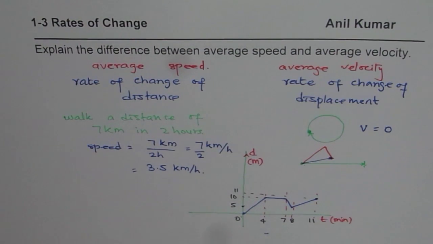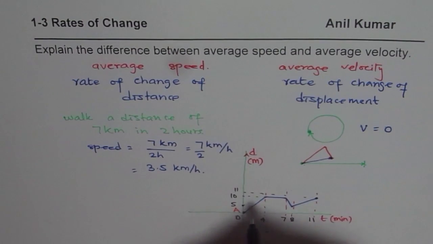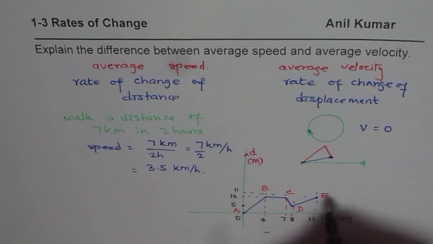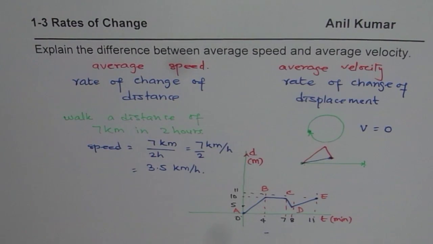Let us say we start from O, which is point A, then we go to point B, C, D, and E. In the answers which you calculate, you'll find that along CD, the change in displacement is negative, since the final position is lesser than the initial.